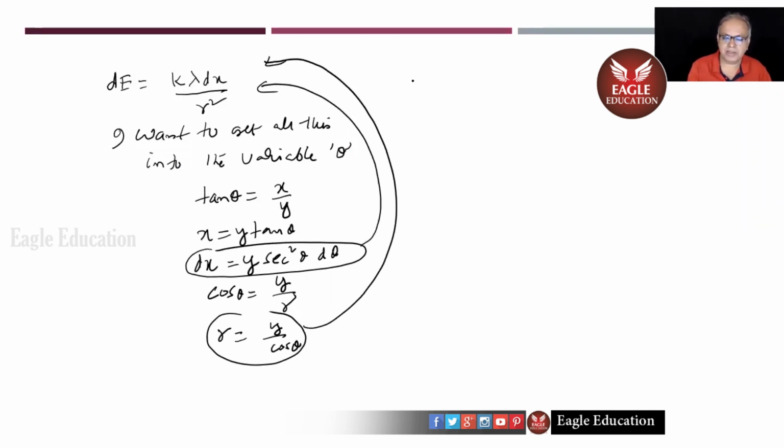So what do I get? dE equals K lambda y secant square theta d theta by r square. y by cos theta is what? y secant theta, right? So y square secant square theta.